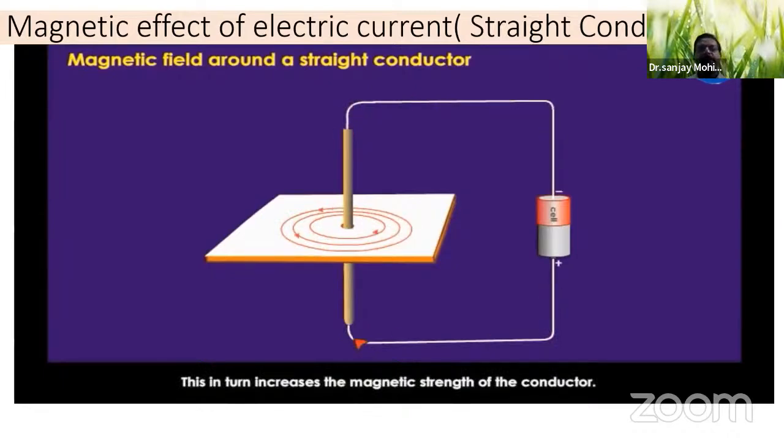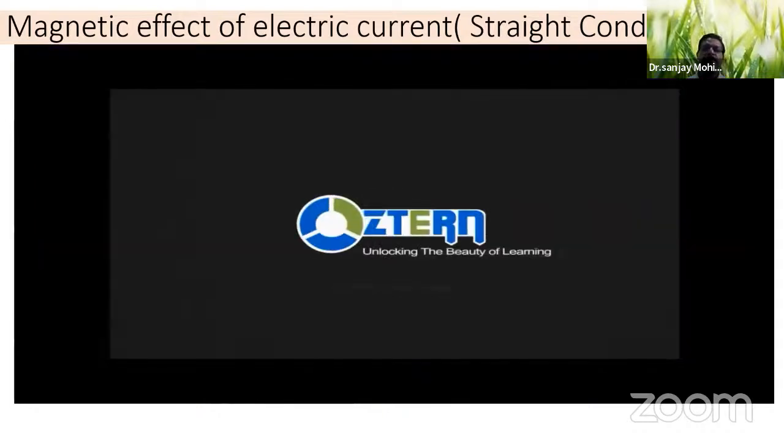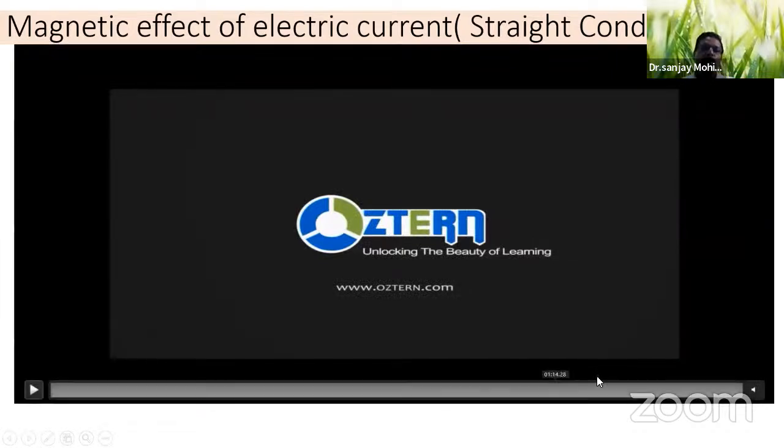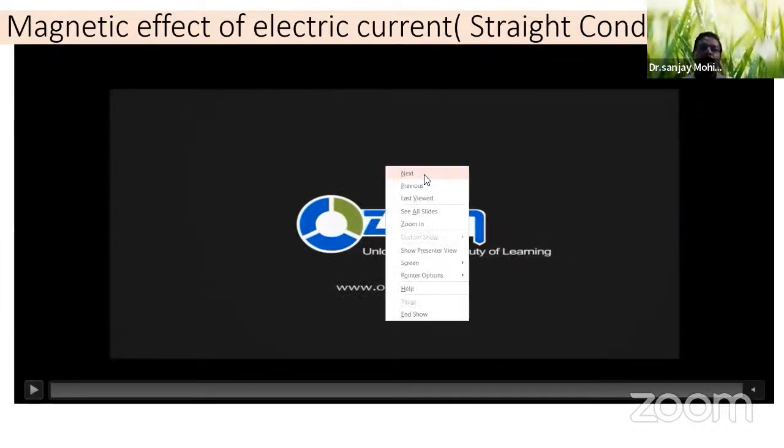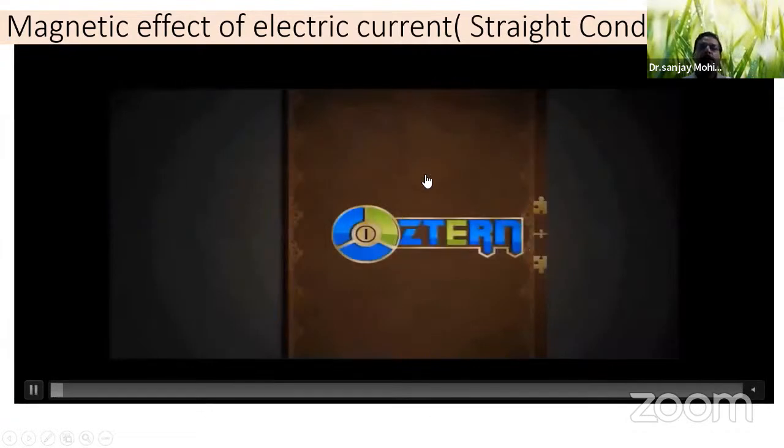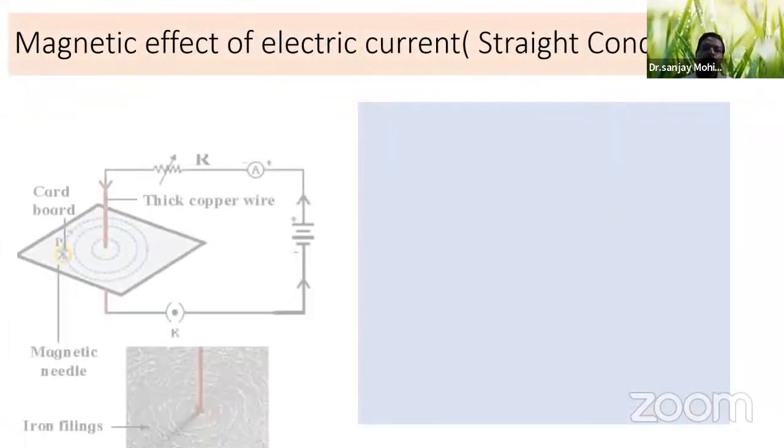This is the Oersted experiment. It means if we have a straight conductor, then we have a magnetic field in the pattern of loops. Now, what type of questions are going to be asked?